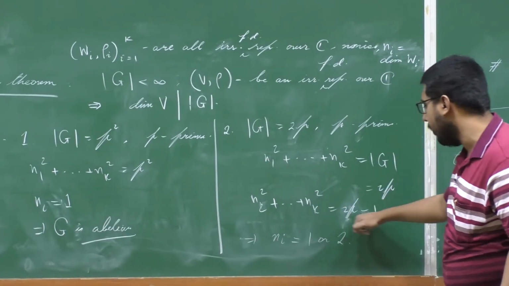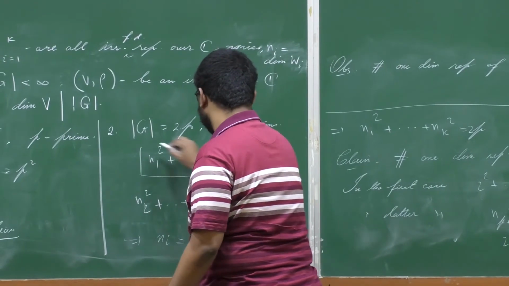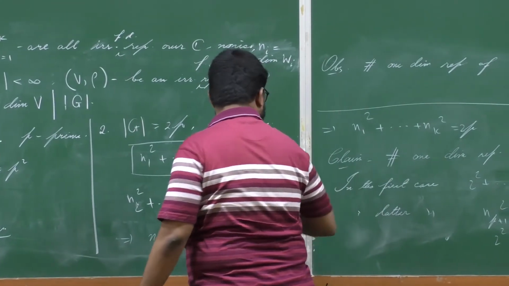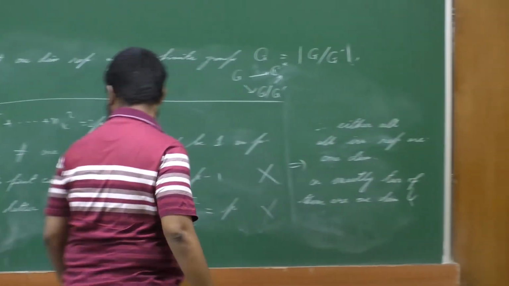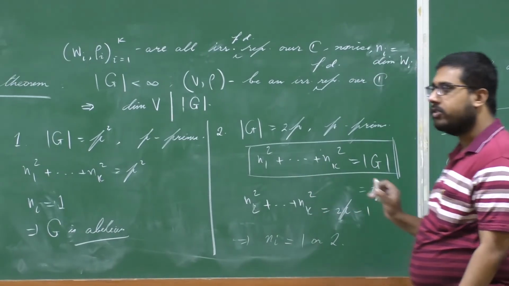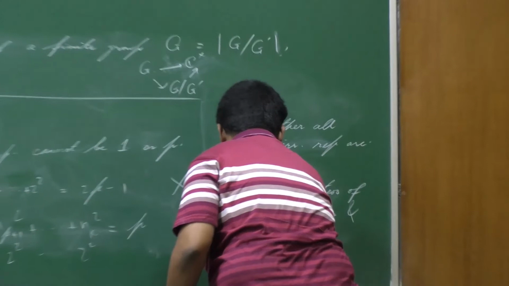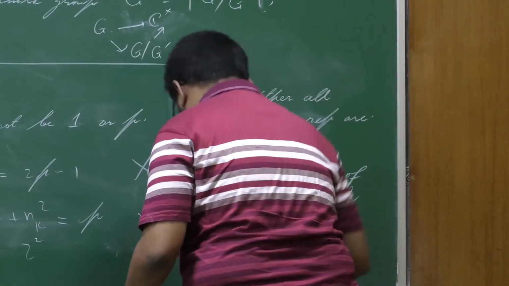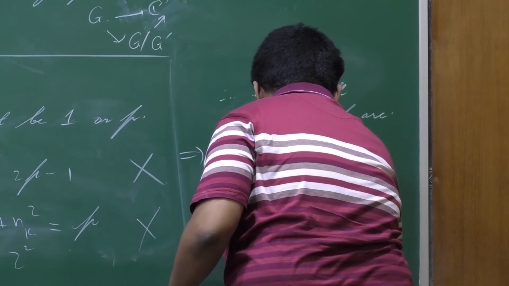Then, using this sum formula, we have exactly two one dimensional representations, and that immediately forces that we should have only (p minus 1)/2 two dimensional ones.